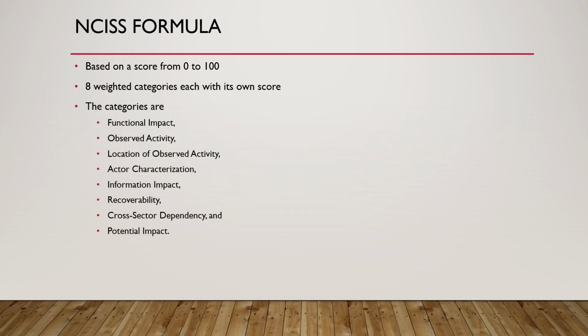The categories are shown here: functional impact, observed activity, location of observed activity, actor characterization, information impact, recoverability, cross-sector dependency, and potential impact. Each response score is multiplied by the category weight, and the weighted scores are summed.